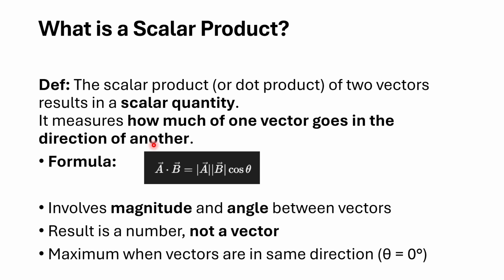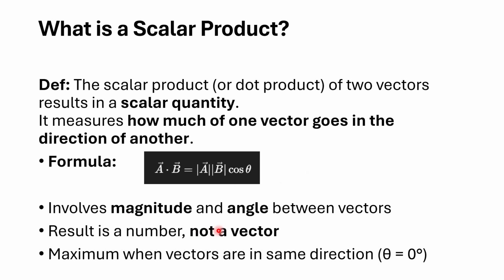It involves the magnitude and the angle between the vectors, and the result is a number, not a vector.